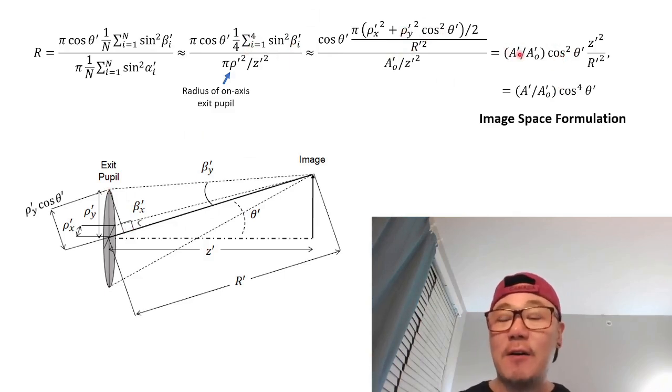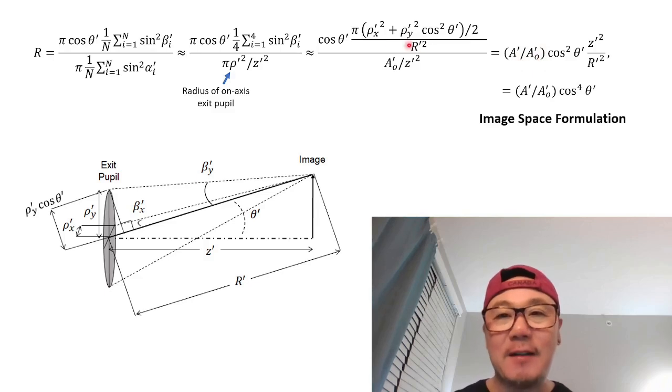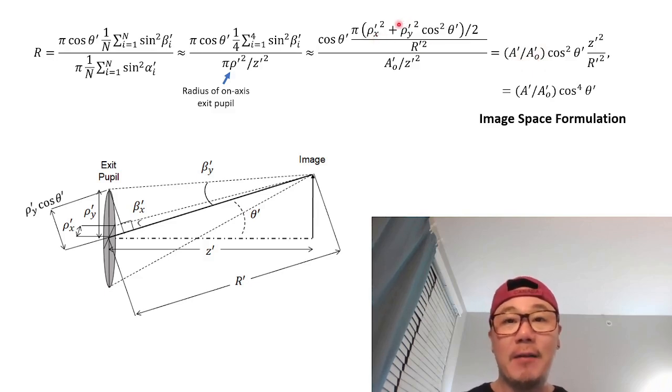What I have here is a ratio of a prime to a naught prime, that is, the exit pupil area off axis divided by exit pupil area on axis. You get areas because the top here looks like an area, right? Pi times some radius squared plus pi times some other radius squared, divided by 2. That's like an average.